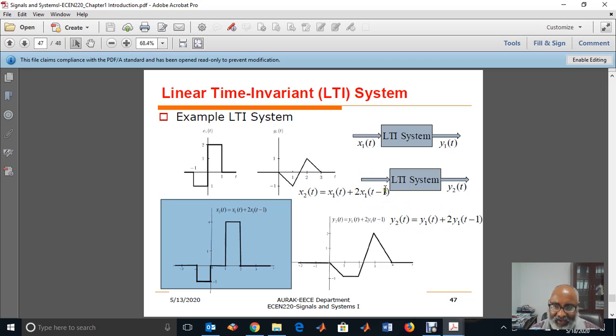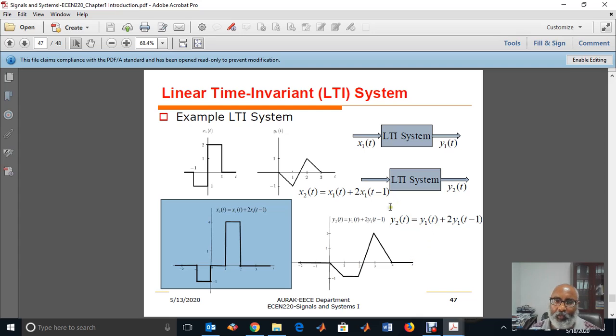For 2 times x1(t minus 1), I should get 2 times y1(t minus 1). Then y2(t) will be the sum of these two signals, y1(t) plus 2 times y1(t minus 1). Okay, and then we plot the graph. So when we plot, we get this.